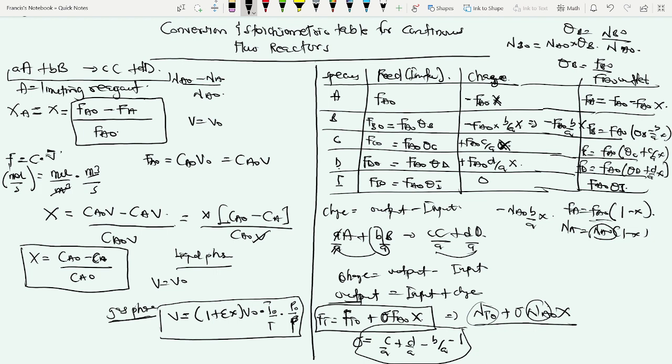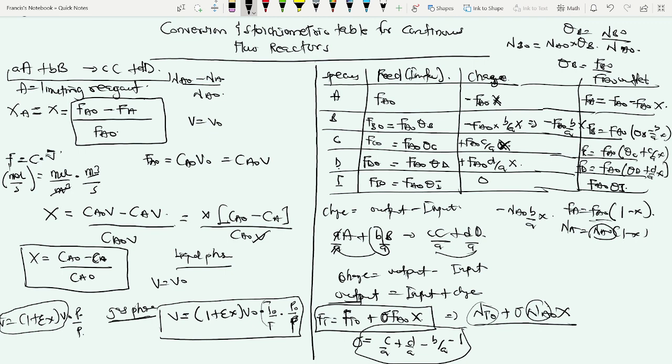So in such a reaction, if you are dealing with isothermal, it means the temperatures are the same, right? So the initial and the final temperatures are the same. So this part goes to 1. And then we are left with V is equal to 1 plus epsilon x V naught P naught over P. And then if there is no pressure drop, that means the pressure is constant. Then this also goes to 1, and we are left with this portion alone.